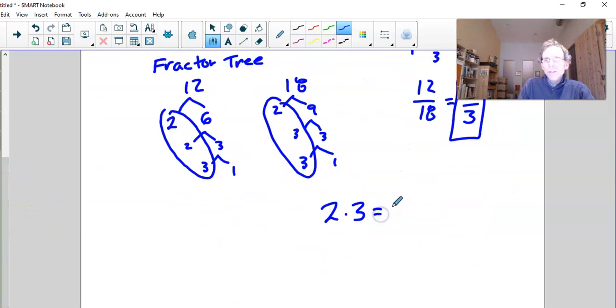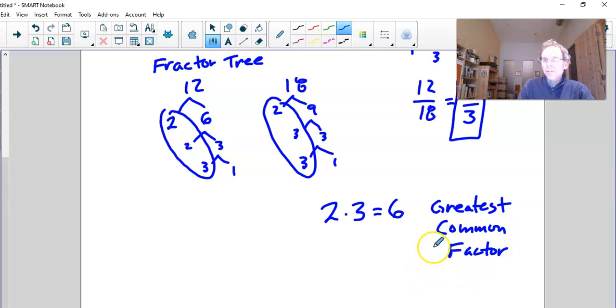That equals a special number, it's 6 here, called the greatest common factor. We'll use greatest common factors later in algebra. But anyway, some people abbreviate this GCF.